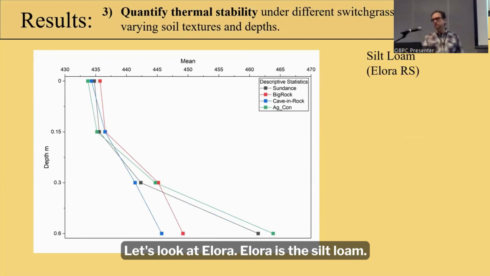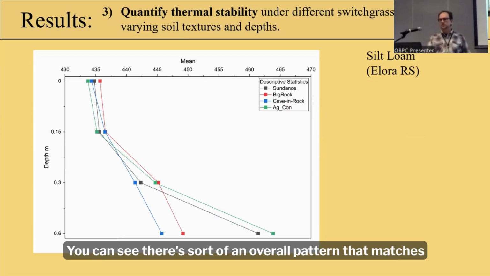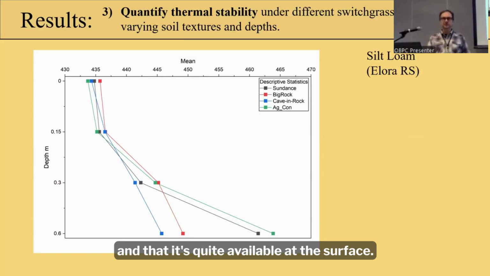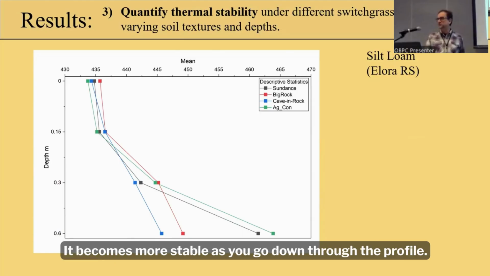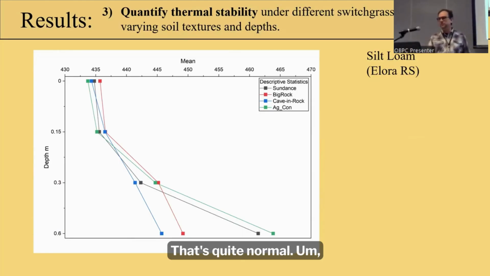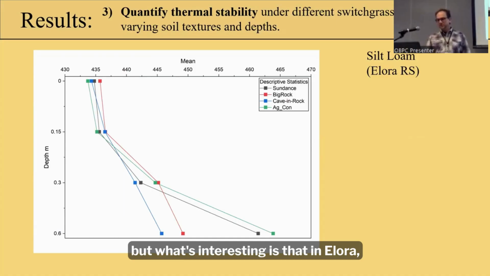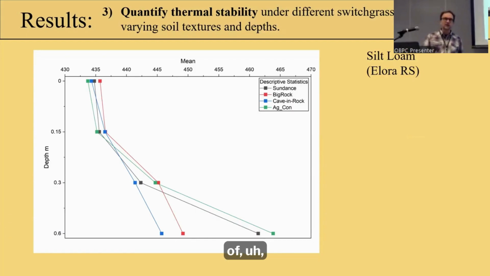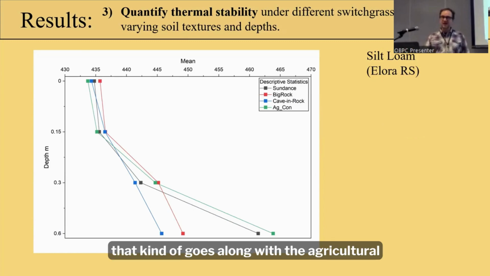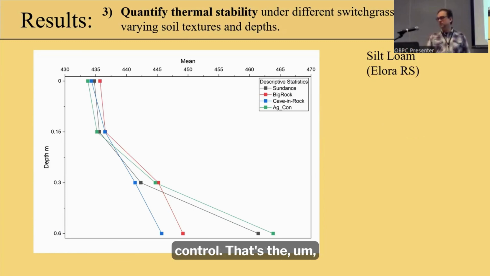Let's look at Elora. Elora is the silt loam. You can see there's sort of an overall pattern that matches, in that it's quite available at the surface and becomes more stable as you go down through the profile. That's quite normal. But what's interesting is that in Elora, you see that there's a divergence of one cultivar that kind of goes along with the agricultural control.